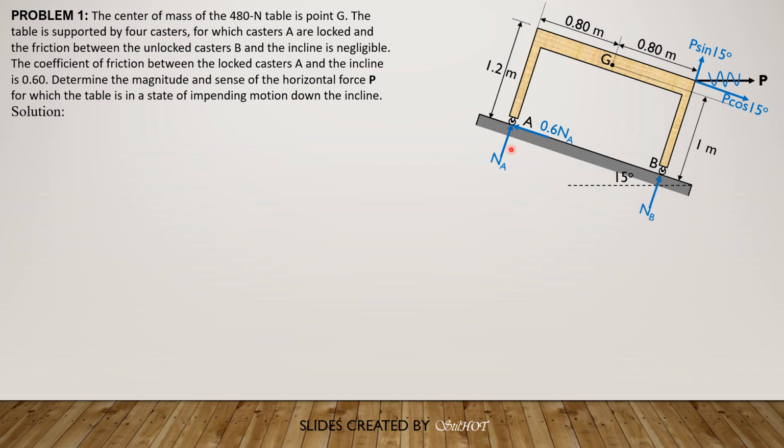Now, if this is the situation, there's no chance for the table to tip over B because there's no resistance along the incline.